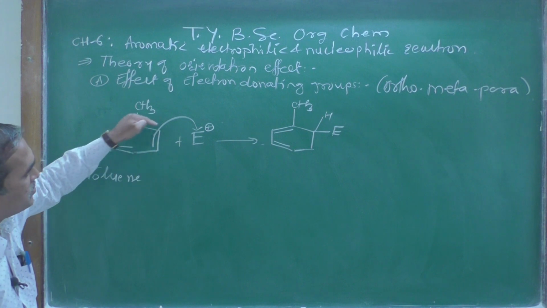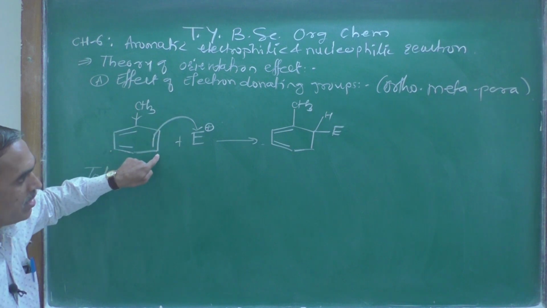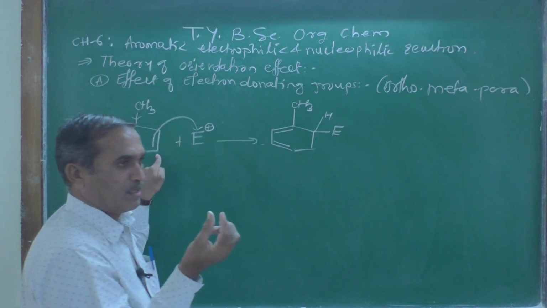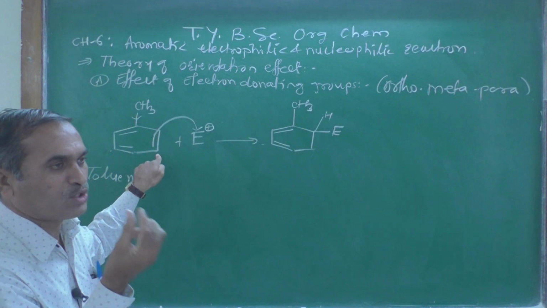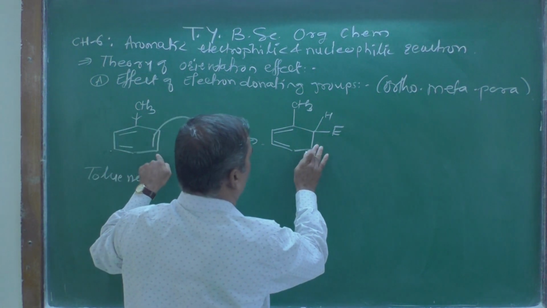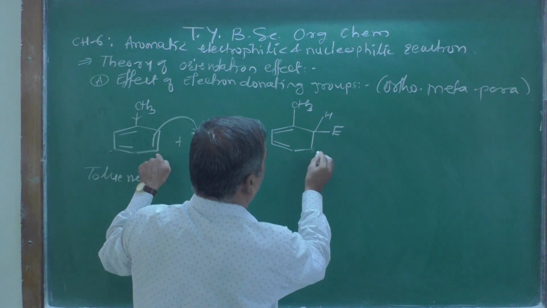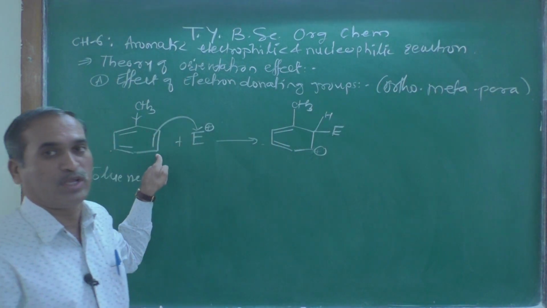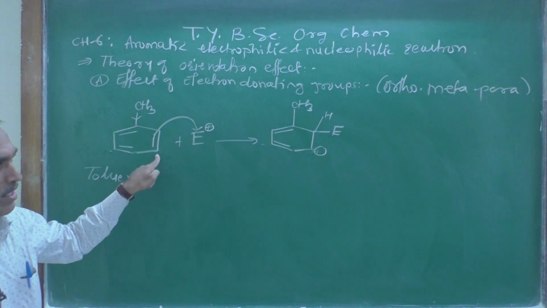When this double bond shifted like this, ultimately this carbon atom shows electron deficiency in nature, means there is a positive charge here, and we know that this is a carbocation, right?